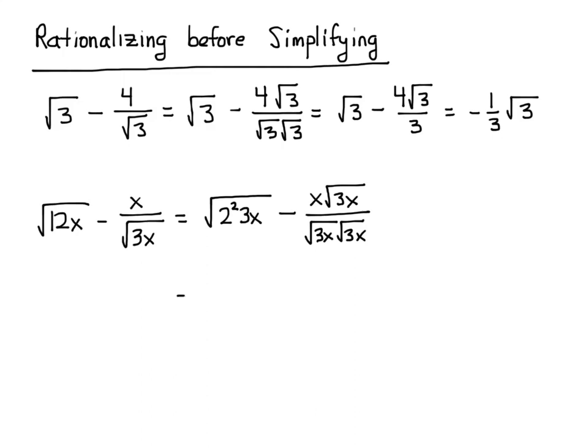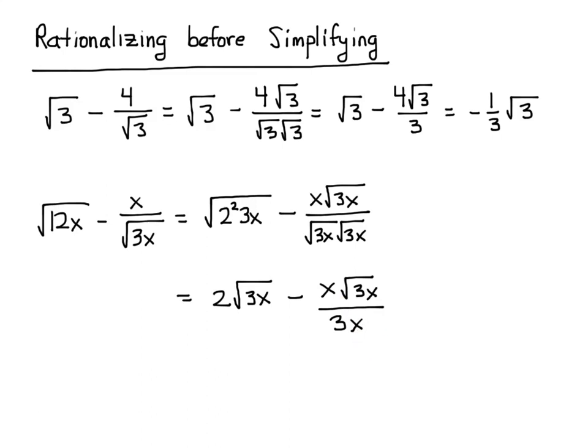And so when I do this, I can take out the 2 to end up with 3x, and then my rationalization, I have x times the square root of 3x divided by 3x. So now I have a similar term, okay? I have the square root of 3x here and the square root of 3x here, and I also have x over x. So those x's cancel.